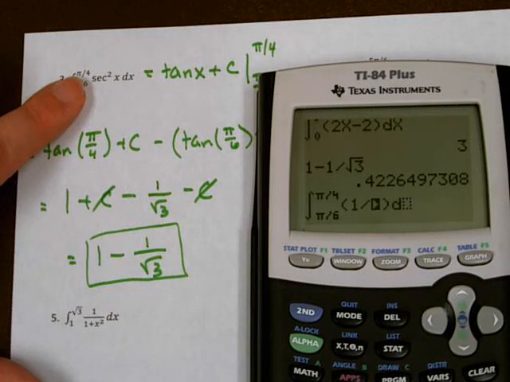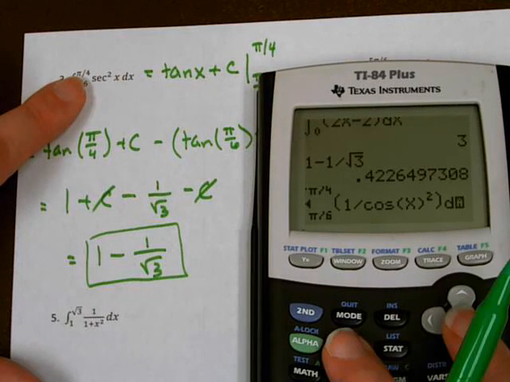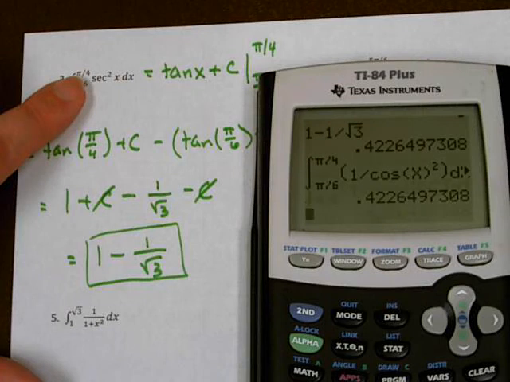So we're going to do 1 over the cosine of x. And we need to close those parentheses, and then we have to actually square it because we want secant squared. And then we're going to get out of the parentheses, and we want dx, and if we hit enter, we can see that that's actually the exact same value, so we are good. We know that this is the right answer.